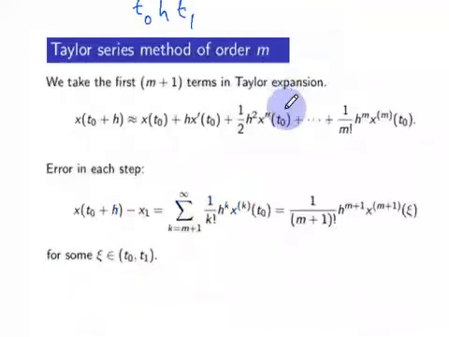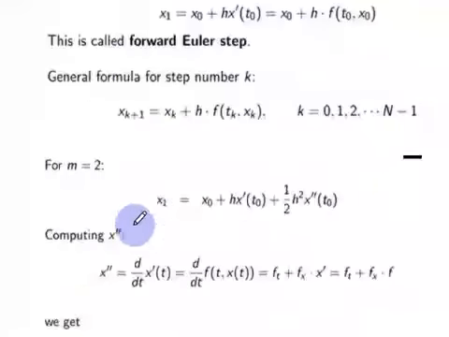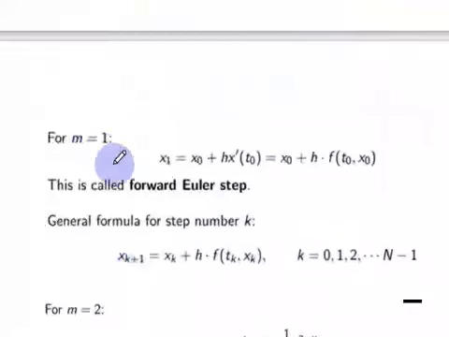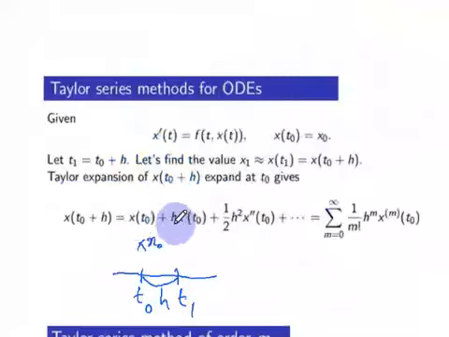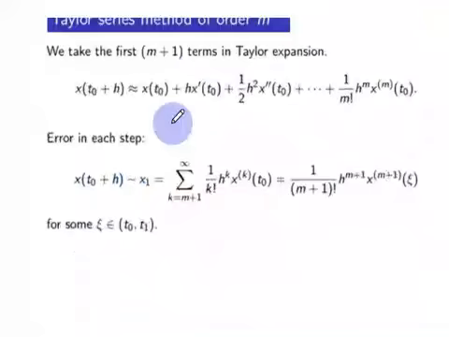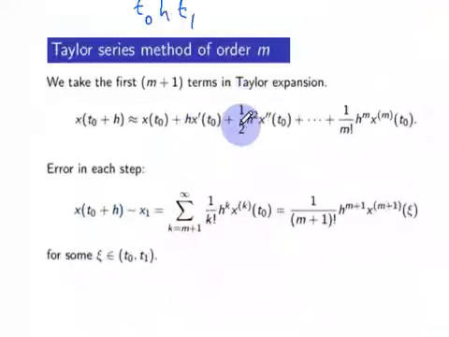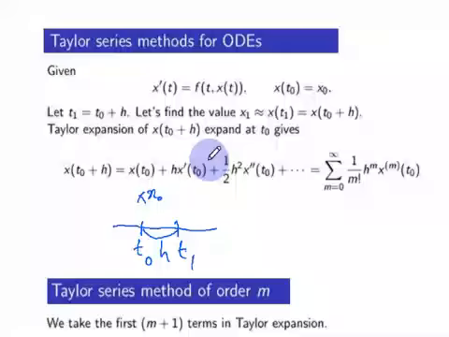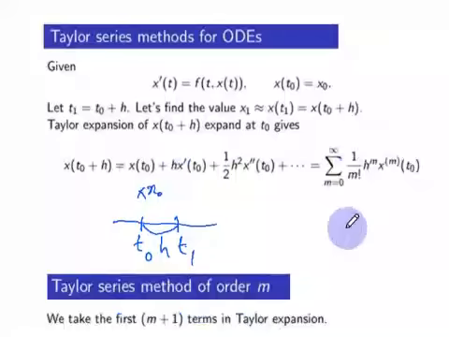We did this in my previous video, so this is the error. If you use this mth order Taylor polynomial, you get this much error. This is the exact one, this is the approximation. When you consider only the first two terms like this and cut down, you get rid of all the other infinite terms.